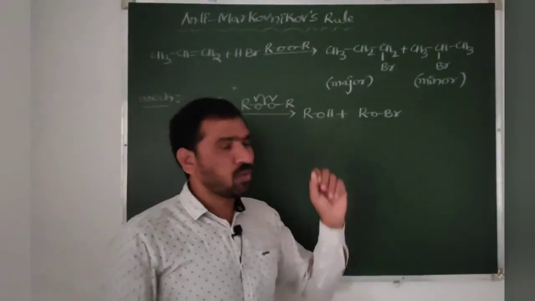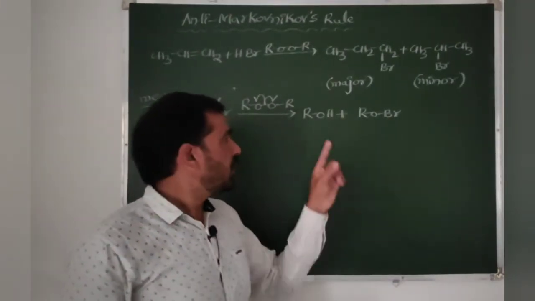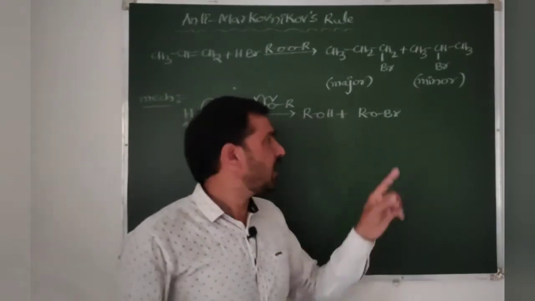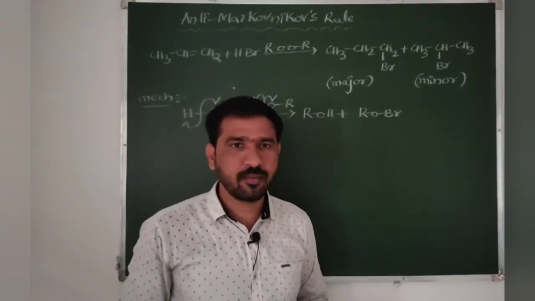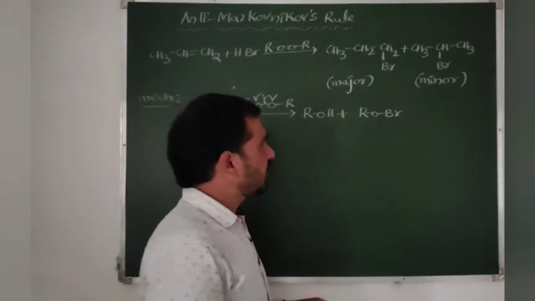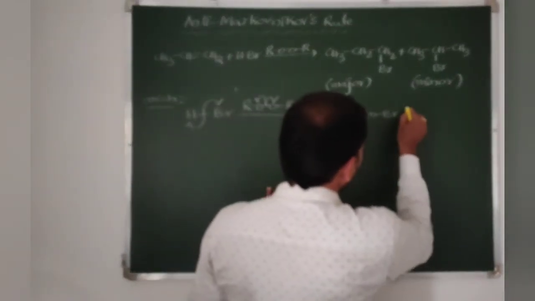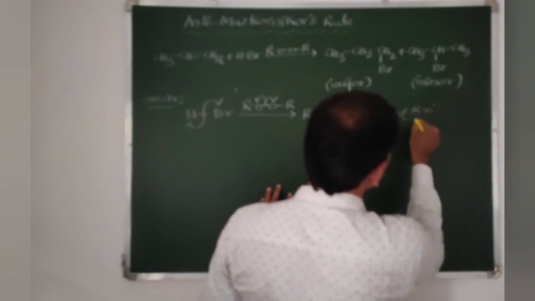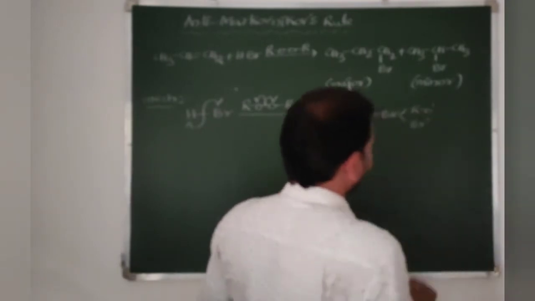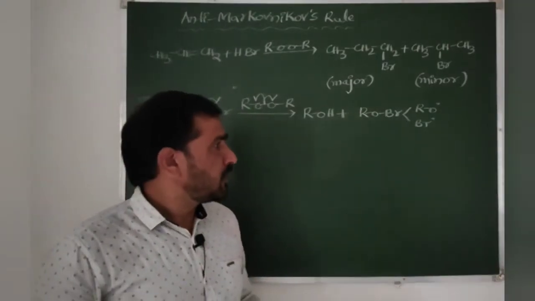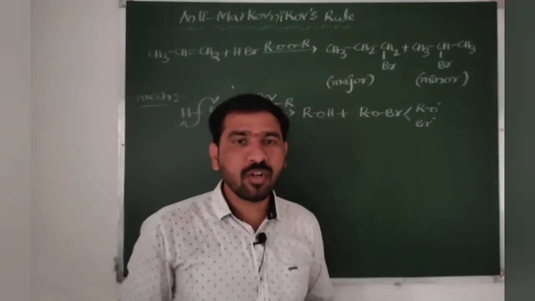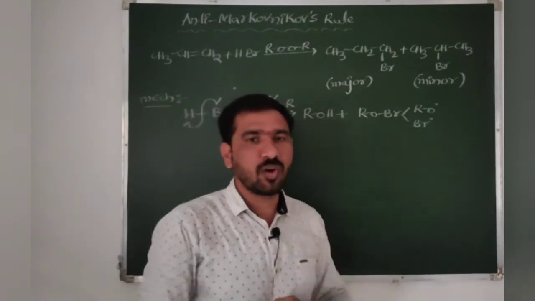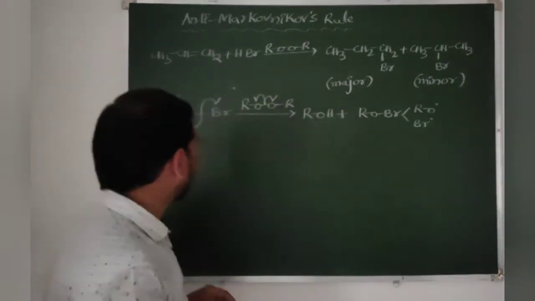Among these two compounds, ROH is more stable than ROBr. Therefore, this readily dissociates as RO dot and Br dot. Is it clear? So this Br dot is more chemically reactive, that's why that is first added to unsymmetrical alkene.